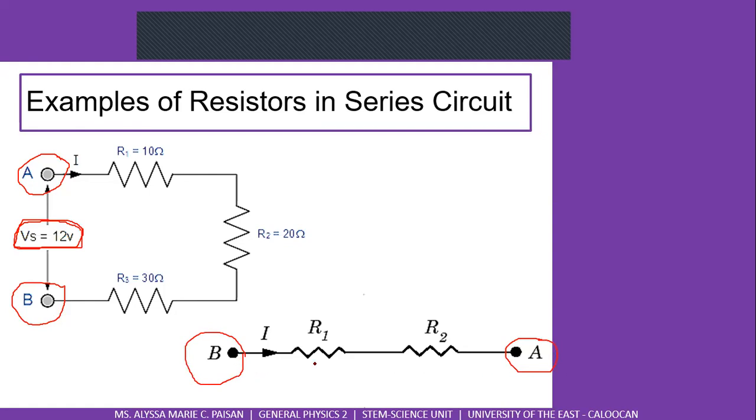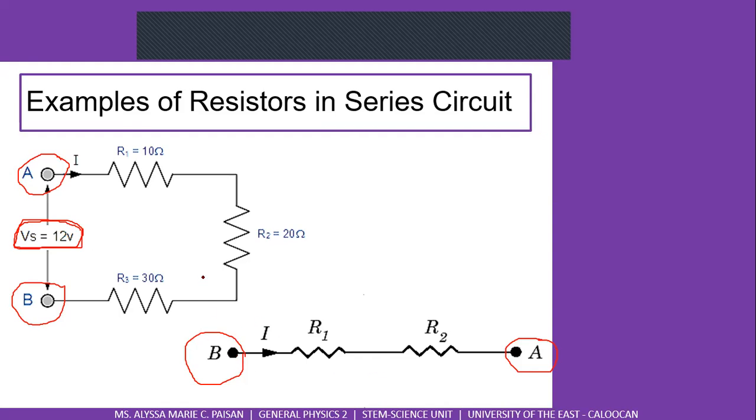And since we have two points here, this tells us that there is an electric potential difference on either side of the resistor. So you will also see this kind of circuit, and this is still considered a closed circuit. This A and B shows us the lower and higher potentials that provide voltage in our circuit.